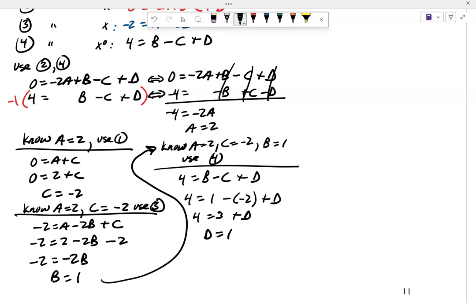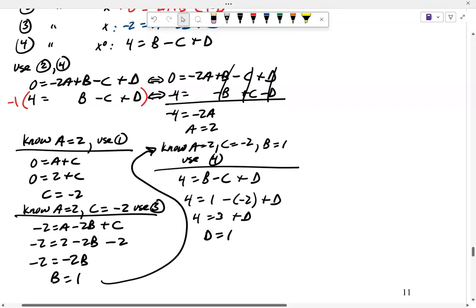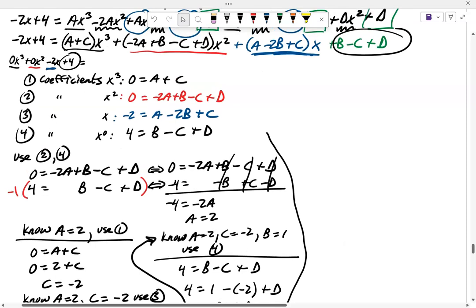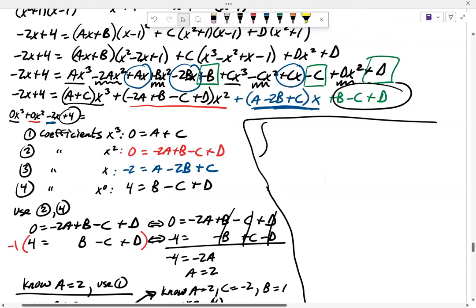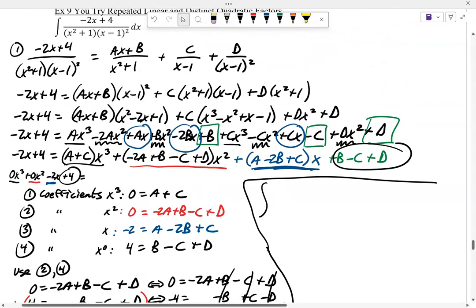All right, so now, I'm kind of running out of room here on this PDF. Let me come up here. Let me show you where I'm at. I'm rewriting.